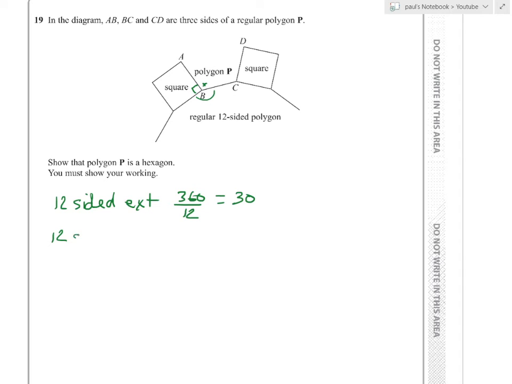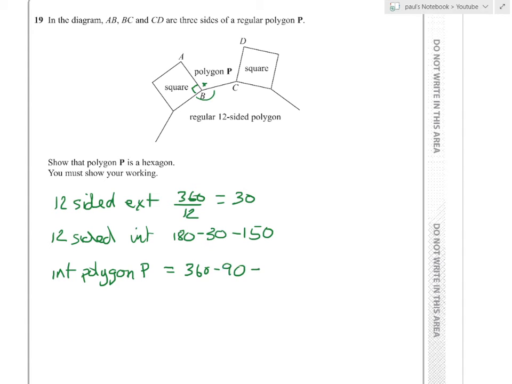So the 12-sided internal is going to be 180 minus 30, which equals 150. So now angle X, the internal of polygon P, equals 360, take away the 90 and take away the 150, which is 120.